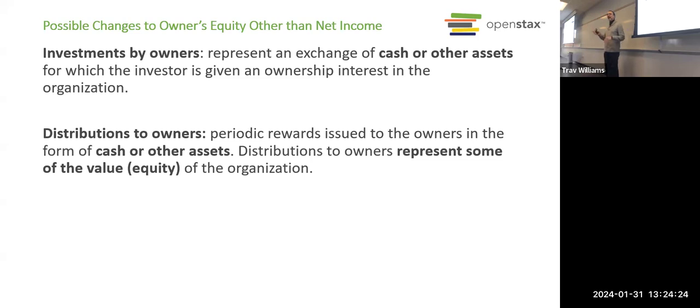Now, you do want to have separate bank accounts for your business and your own personal finances, even if you have a sole proprietorship, because that just helps make it clear what's your money and what's the company's money. Especially if you get audited by the IRS and they want to know how profitable your company was and they want to look through all your records. They don't want it mixed up with your own personal finances. Okay? But you can, as an owner, put money in and take money out.